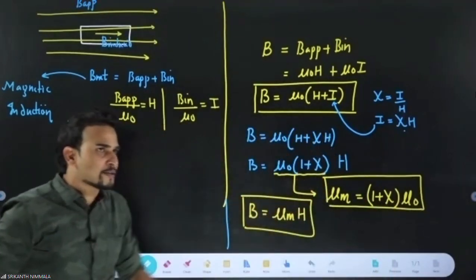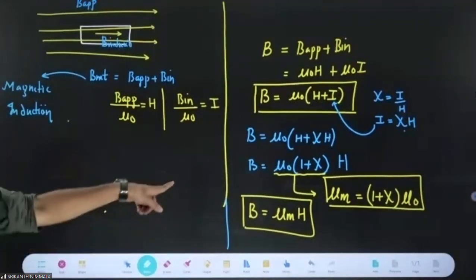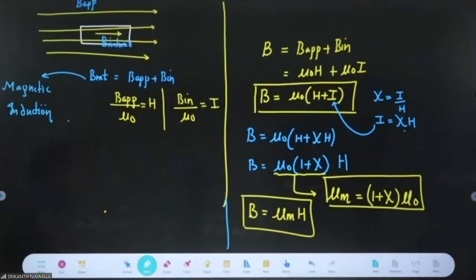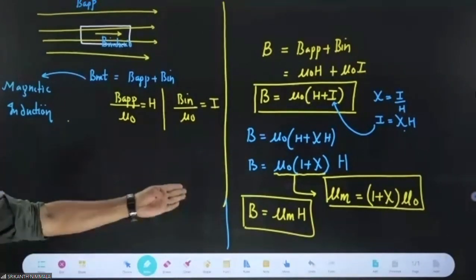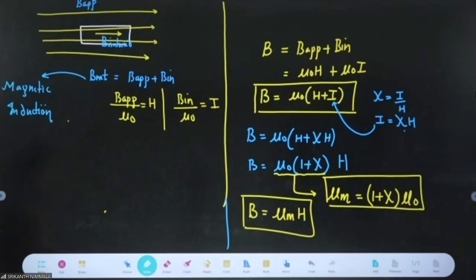First you write this and you have to remember that result. So many times questions have been asked from that result. They will give you the value of Xi. Mu naught, you know, is 4 pi into 10 to the power minus 7. Answer will come. Last year only, a NEET question was asked.